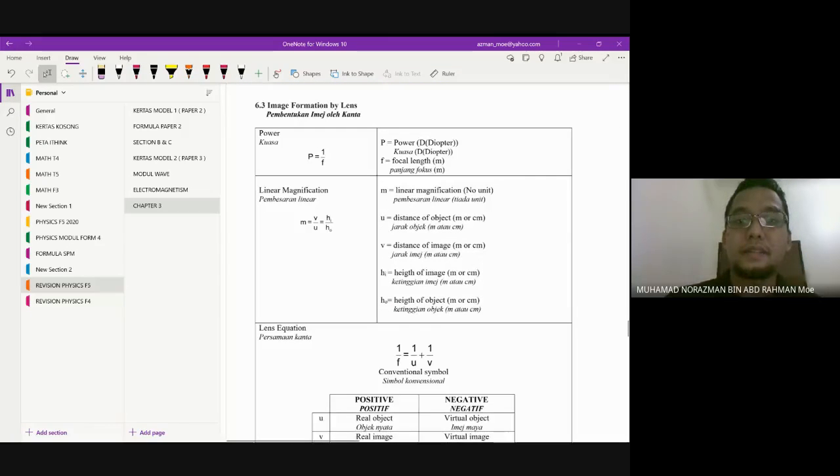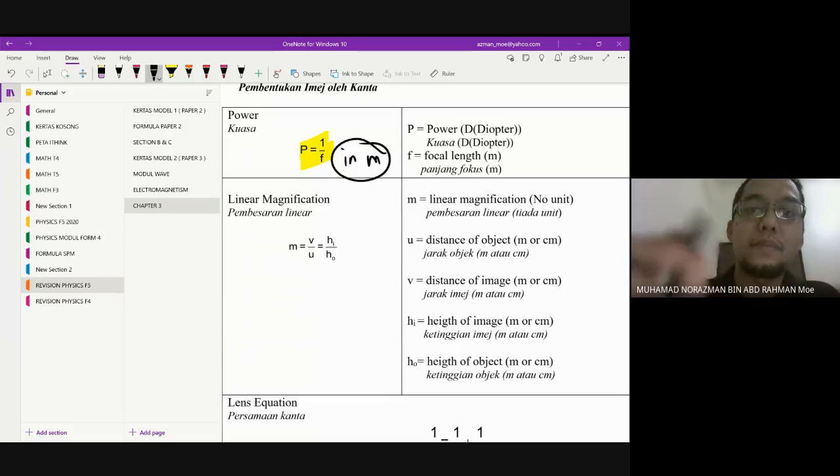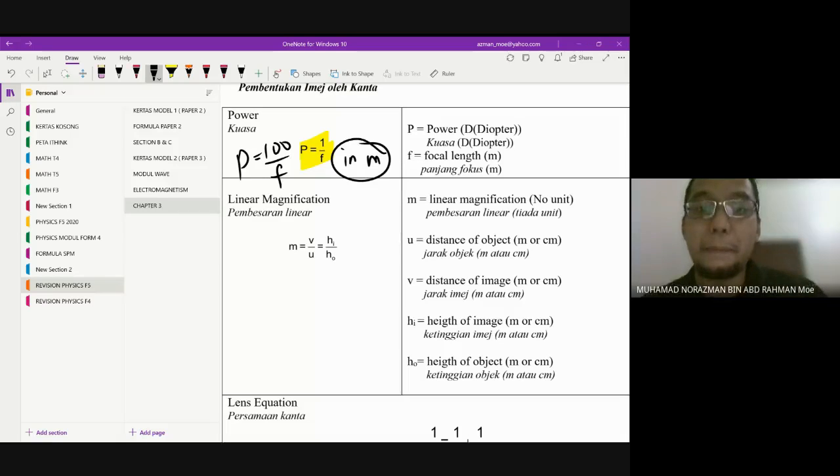Okay, lens. So power is equal to 1 over f in meter. Okay, in meter. So if in cm, 100 over f. Then our f focal length is in cm. Okay.